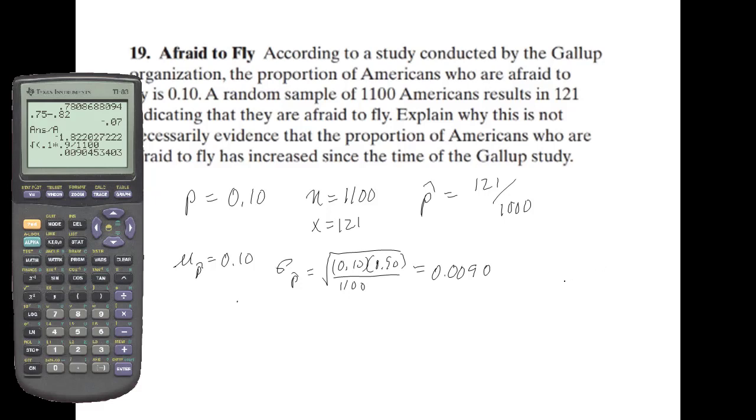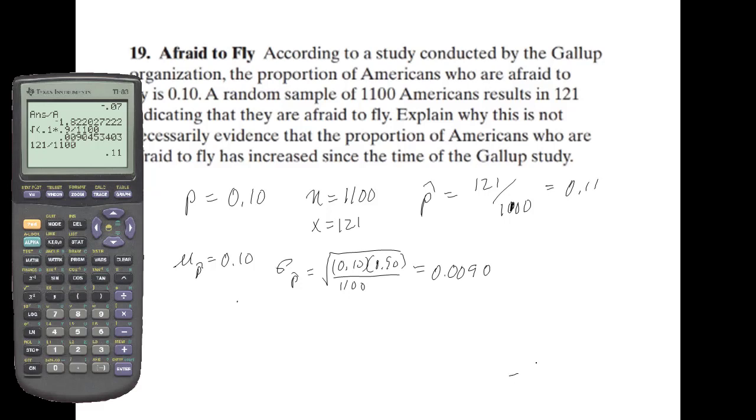All right, so now that's our distribution. So what we're looking at is would it be unusual? So let's go find this. So 121 divided by 1100. Oops, that's why I keep putting 1,000, because I wrote it down wrong over there. So this is 1100 here. Is 0.11.